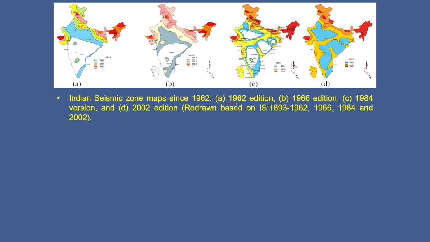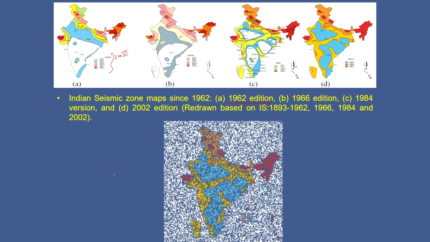It was because in the 20th century we had three major earthquakes. So in 1962 it was with almost six zones, and this is more or less similar to what we see here.